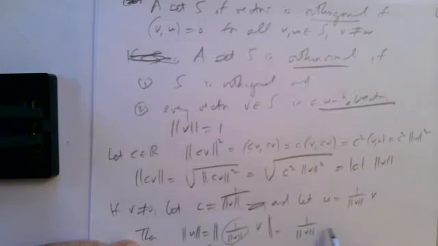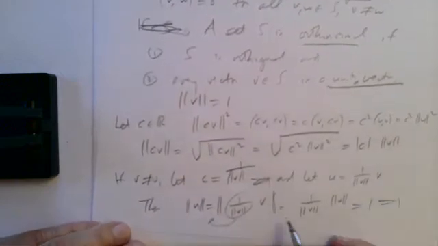This is 1 over the length of v times the length of v, which is 1. So u is a unit vector. If you take any non-zero vector and divide by its length, you get a unit vector.